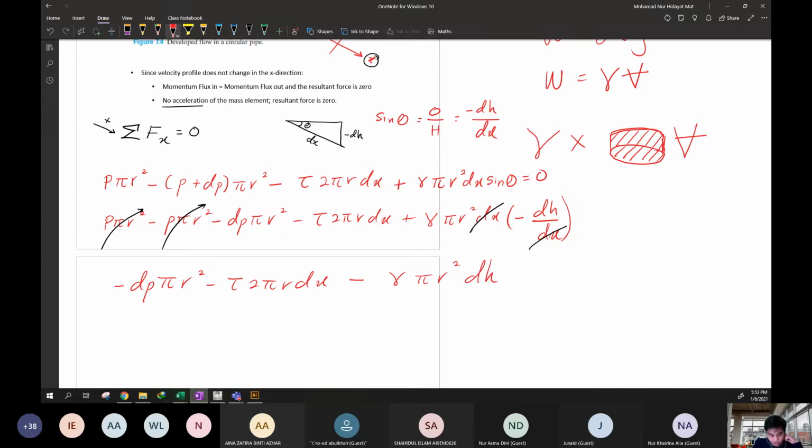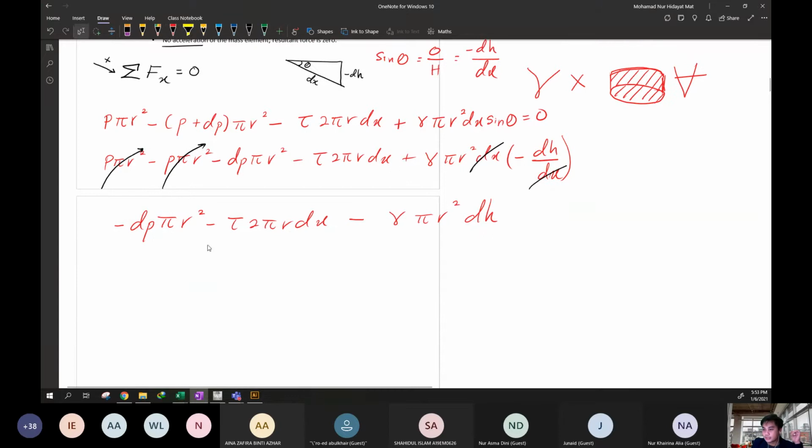Okay, so what we need to do is make tau the subject. This is equal to 0, so we can move this to the other side.